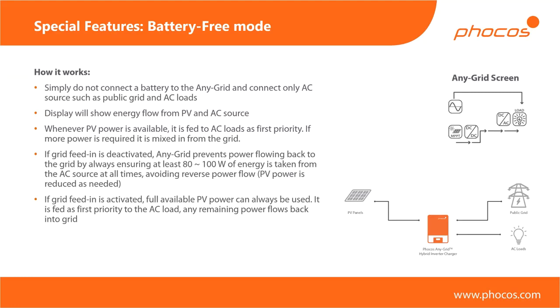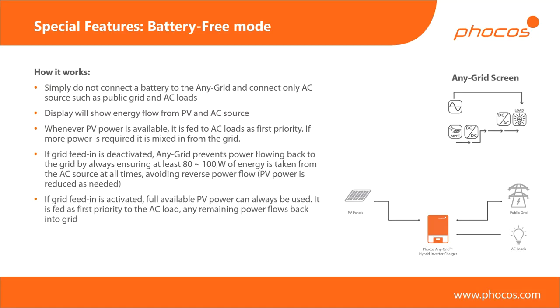So of course, if the PV power is lower than the AC output and you have no battery and no other energy source, so you have no buffer and no further energy source, well then of course the inverter can only turn off. But if you do have the public grid, then the PV modules will deliver as much power as they can, and anything that you require above that will automatically come from the public grid. And in this case, it's without a switchover.